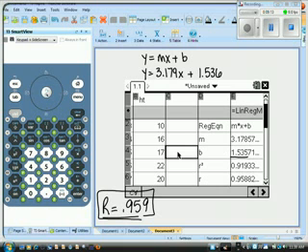Now, here's the thing that you need to know about your R values and the 2 things it tells you. First, since it is positive, this tells me that I have a positive slope. So that means this thing is going to increase.